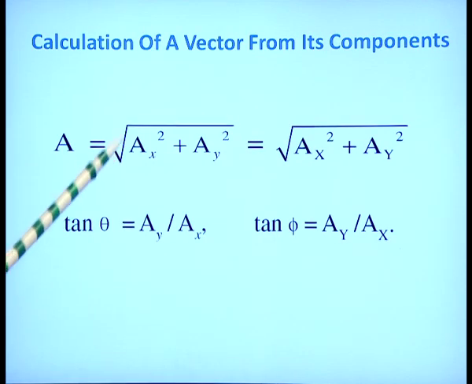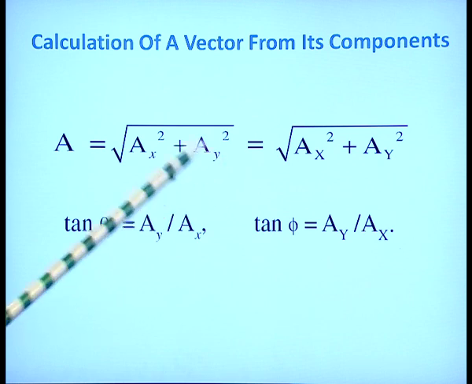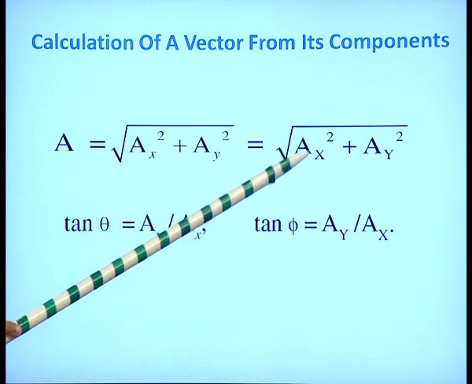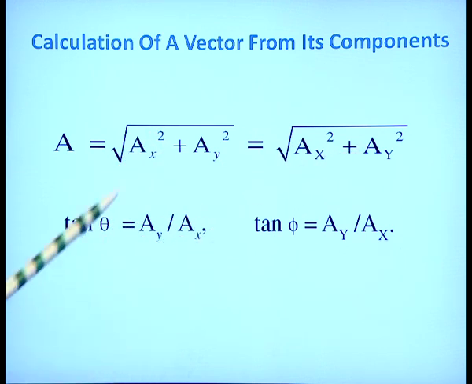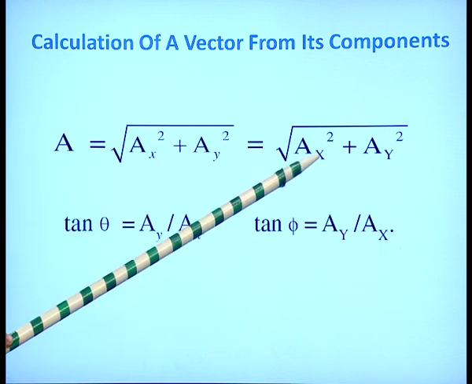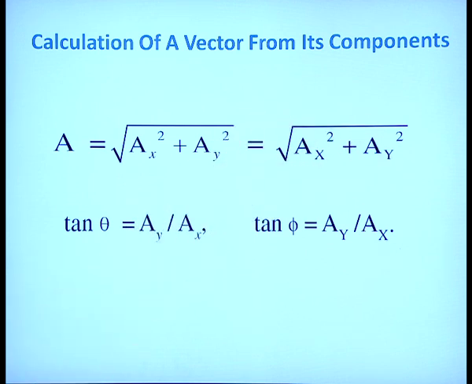Now, calculation of a vector from its components. If the components of a vector are given to you, you can calculate the vector whose components they are. You can calculate the vector A if Ax and Ay are given. A equals root over Ax square plus Ay square. This is along small x small y coordinate axis and this is along capital X capital Y coordinate axis.